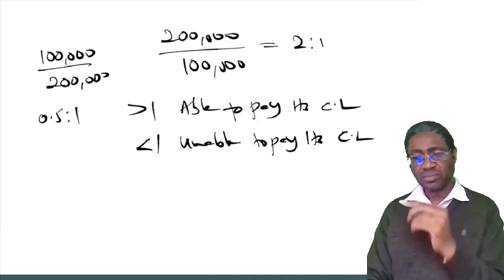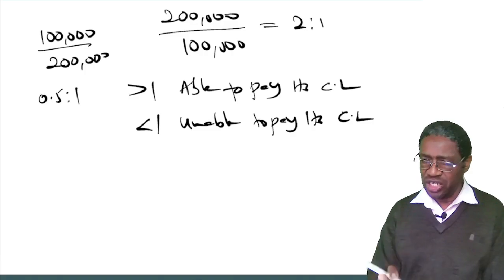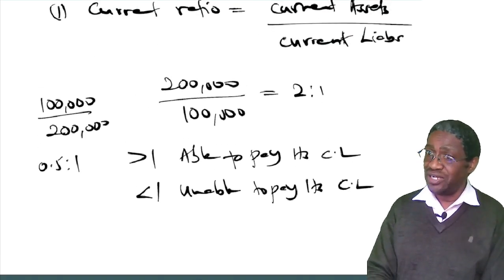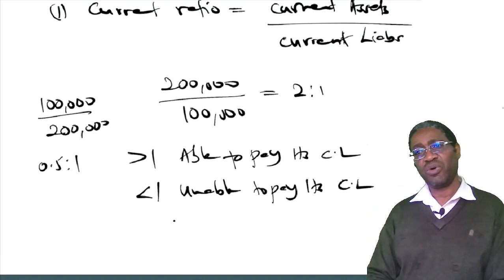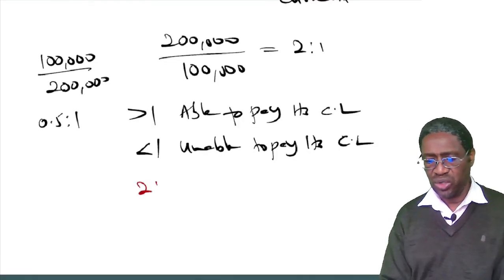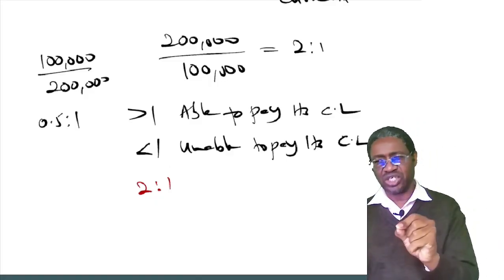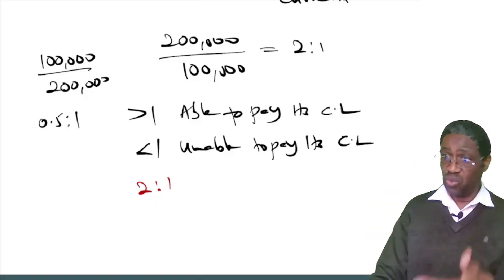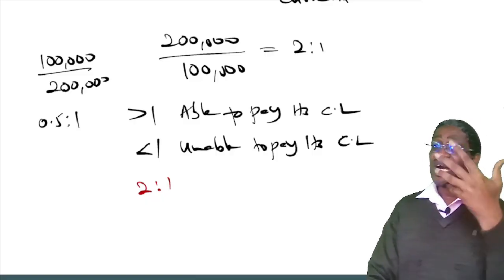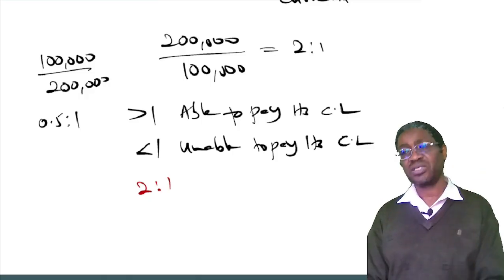Now listen, another key important point. The recommended or standard current ratio is usually taken to be 2:1. That is the recommended ratio, in the sense that your current assets should always be twice as much as your current liabilities.